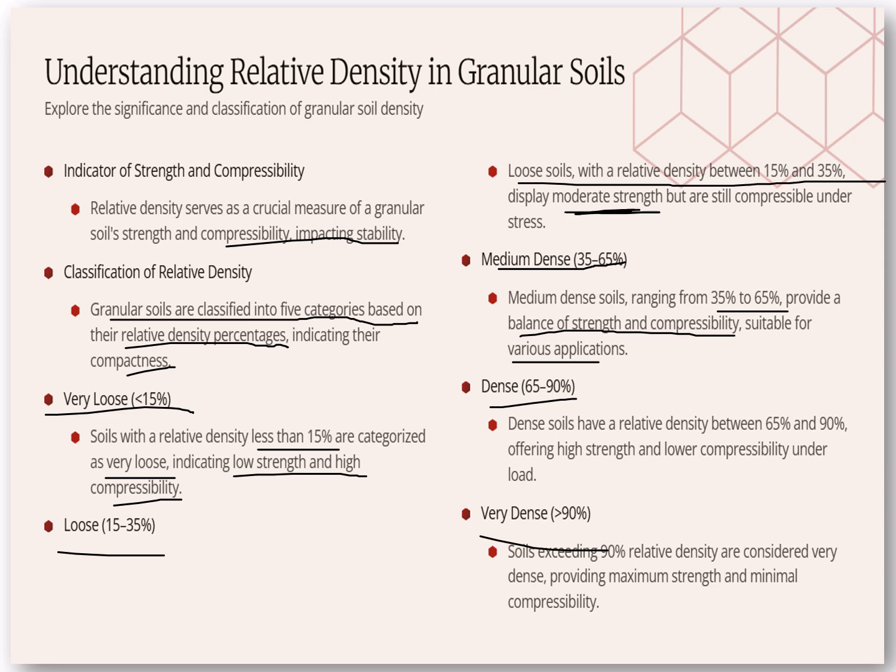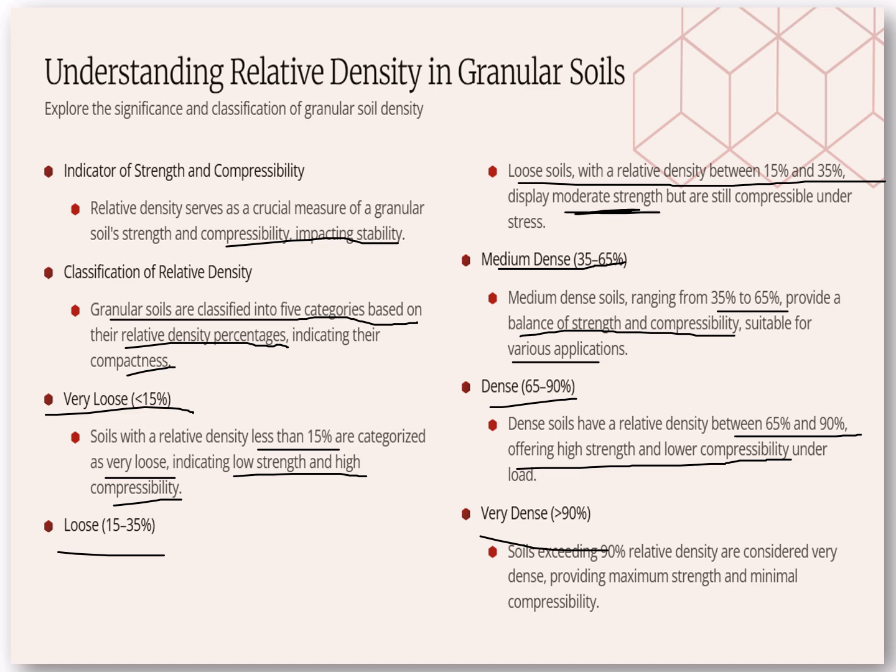Dense soil, 65 to 90%. Dense soils have relative density between 65 and 90%, offering high strength and lower compressibility. Here we can compare very loose and dense soil.